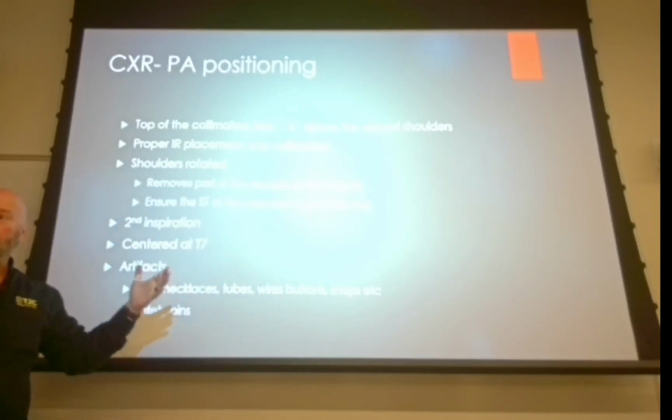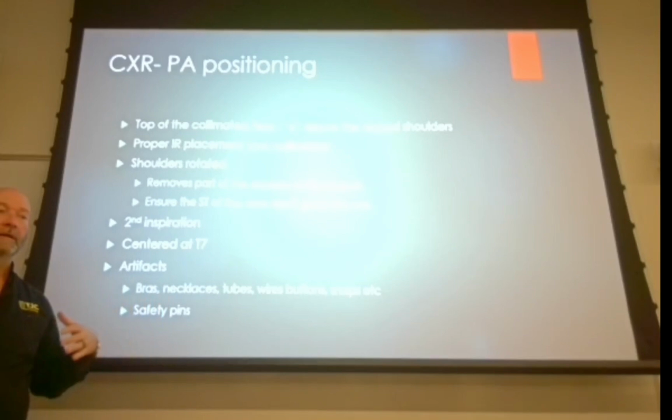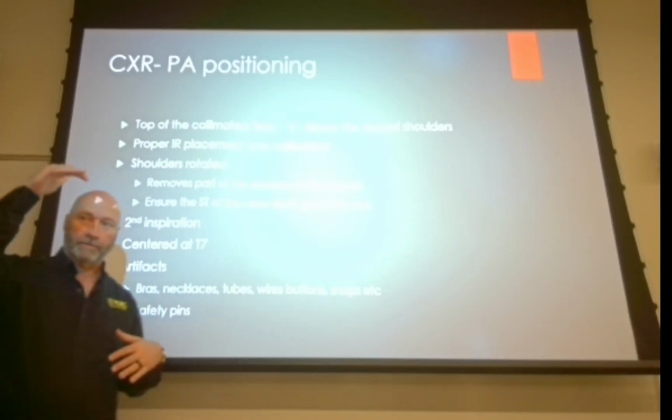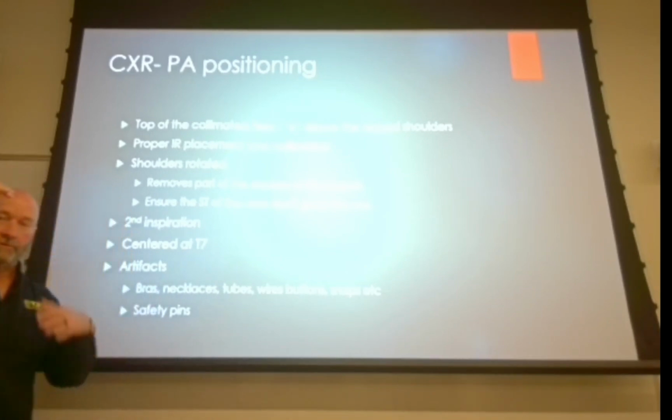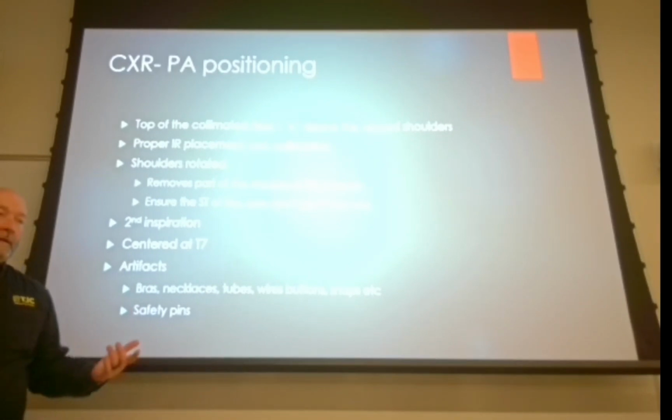You open your collimators crosswise because it's a hypersthenic patient, but the top of the image receptor is at the top of the shoulder, so you're going to use the entire image receptor. So you've got a 16 by 16 or 17 by 17 collimated field, and you get half of the abdomen.